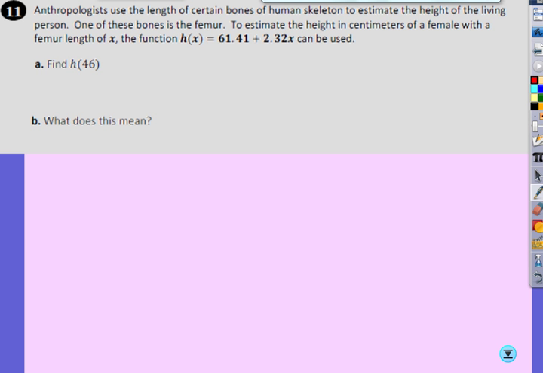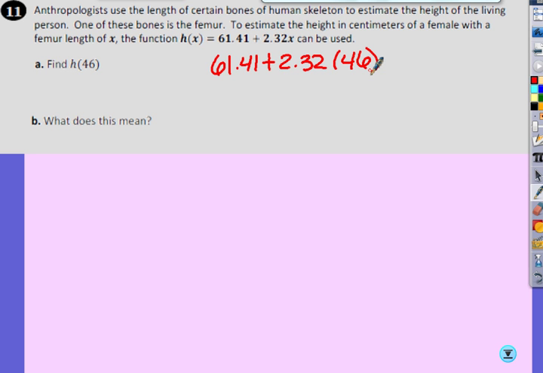Letter A, find h of 46. Remember, 46 will be plugged in for the x. To solve this, you need to multiply 2.32 times 46 and then add 61.41.